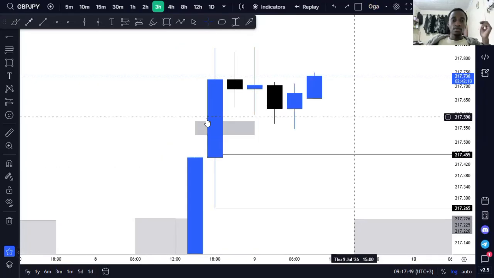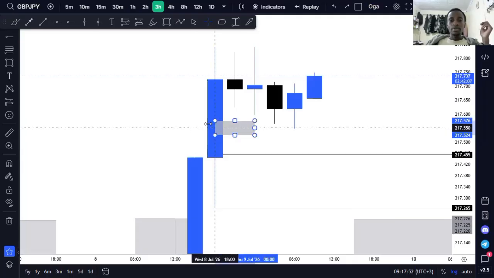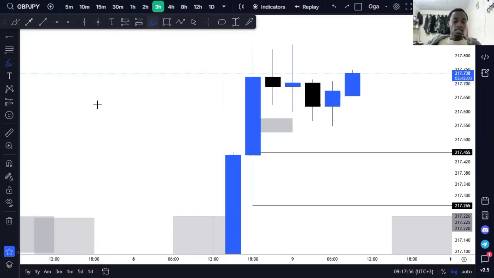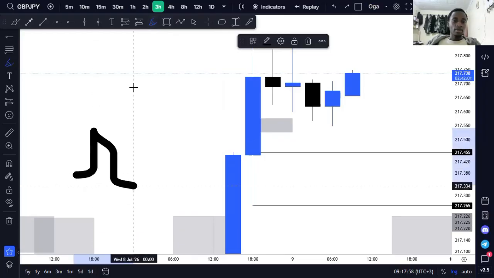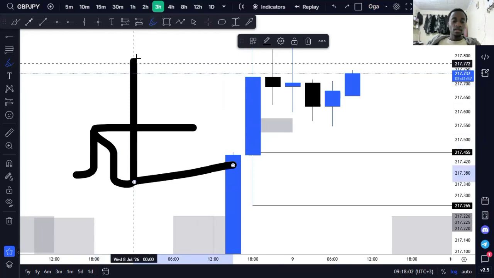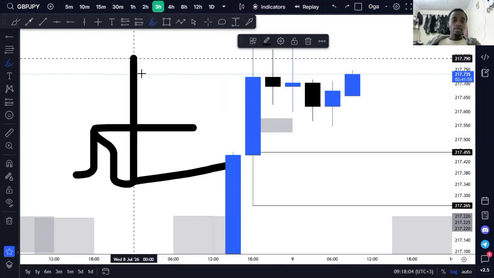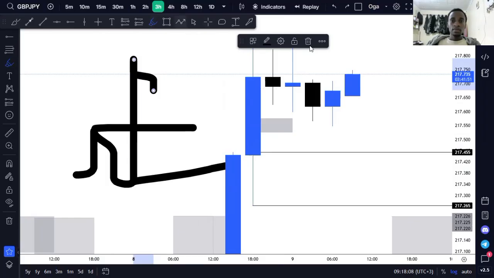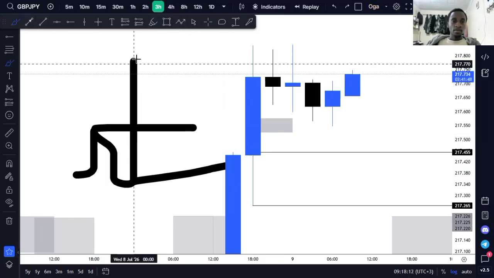And I told you in a previous video, whenever I see an area like this, maybe a break and then price presents me an area, while price is pulling back, let me use this other one.